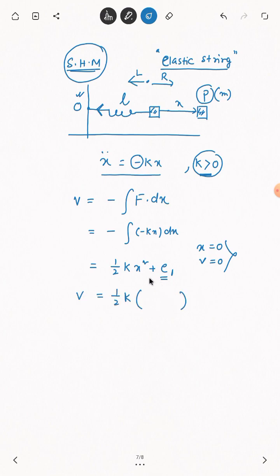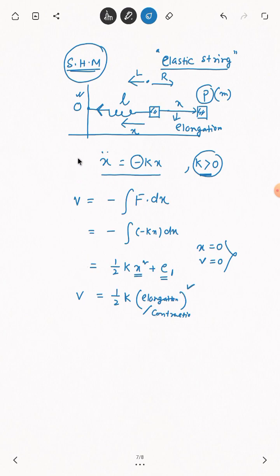The beautiful thing to note is that this x is elongation. It may be contraction also, meaning it could go inward also, in this direction. So here we will always use elongation or contraction whole square.